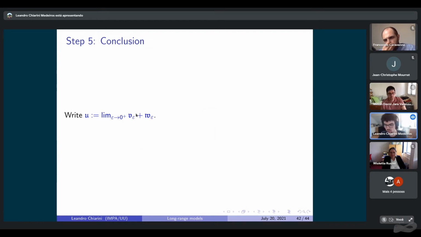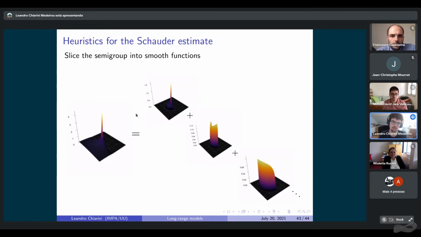And I just want to give a few words on the heuristics of such Schauder estimates. The idea really comes from Hairer's Schauder estimates that he used in regularity structures, that it was basically the following.